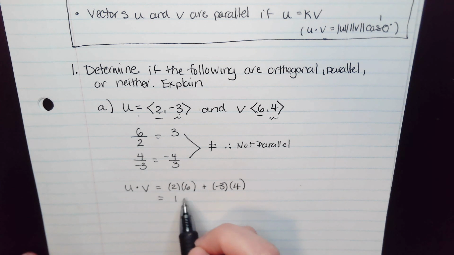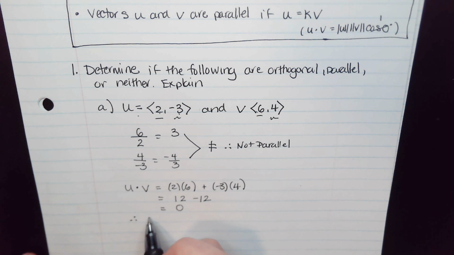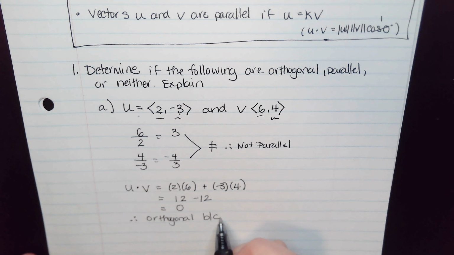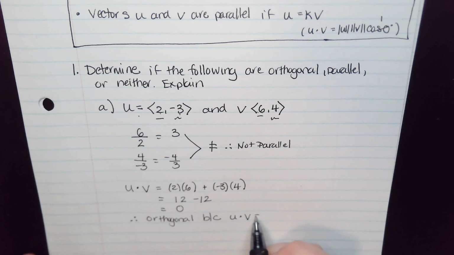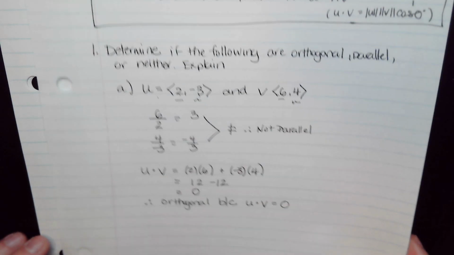So 6 times 2 is 12, negative 3 times 4 is negative 12. So 12 minus 12 is 0. Therefore, we'd say they are orthogonal because the dot product is equal to 0. That's what I'm looking for with your explanation: your dot product is equal to 0, which means they're orthogonal.